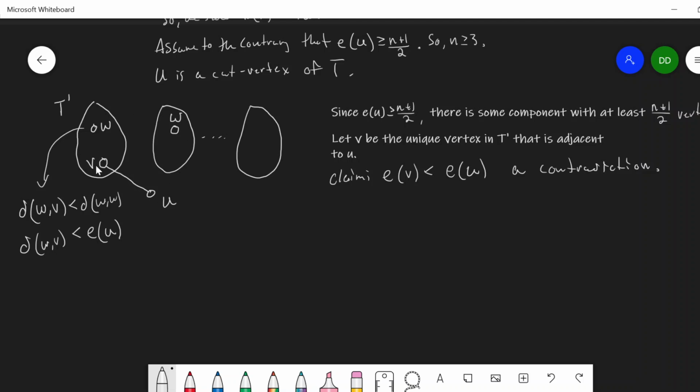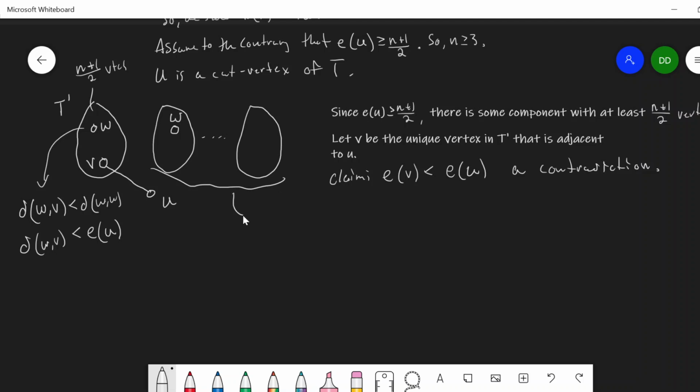clearly it takes a little bit longer to get to V, but this is where the bound comes in, right? There are (n plus 1)/2 vertices in T prime. And I need the total number of vertices to add up to n. So I have one vertex U. I have (n plus 1)/2 vertices in T prime.